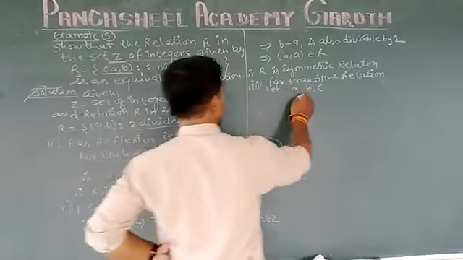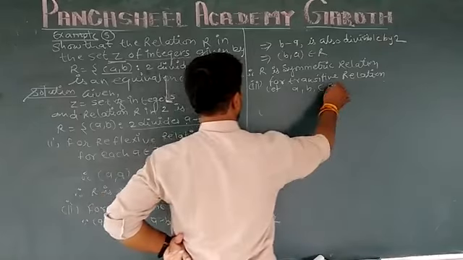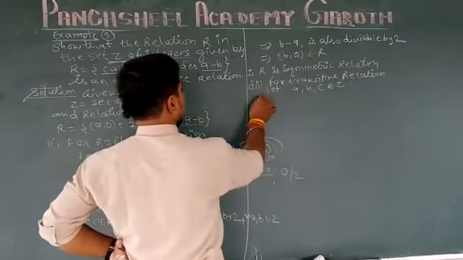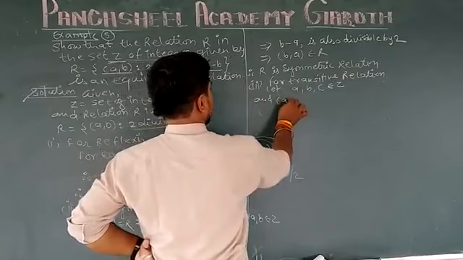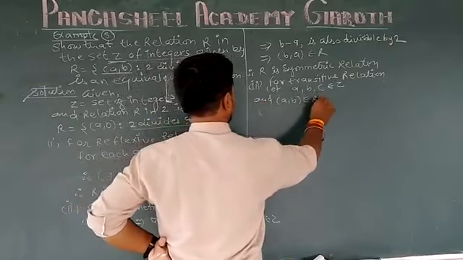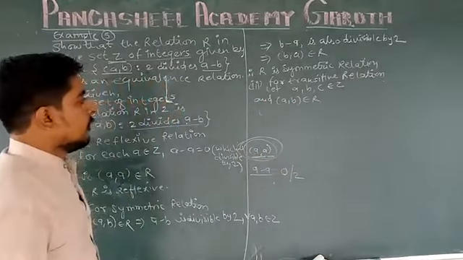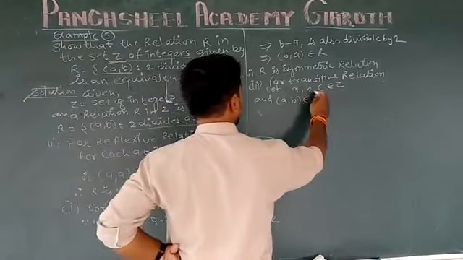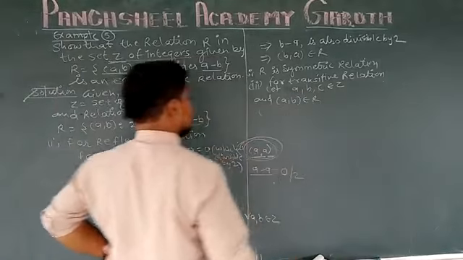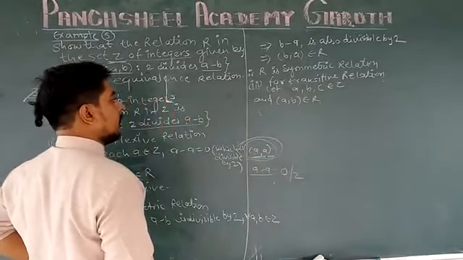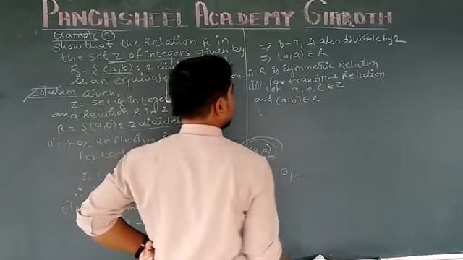So a, b and c are three elements belonging to the integers, such that the ordered pair (a, b) belongs to R.